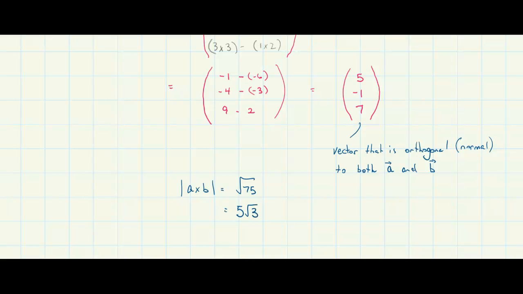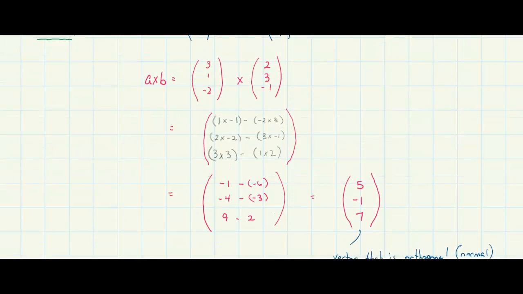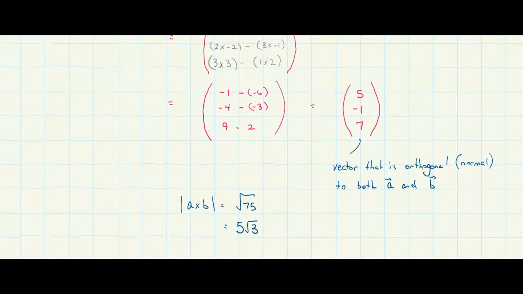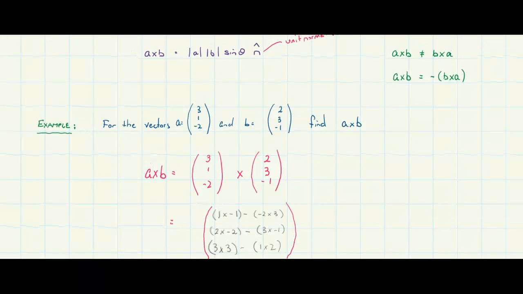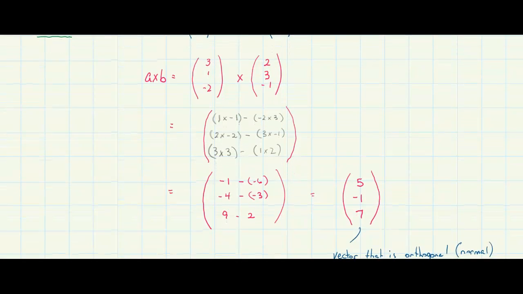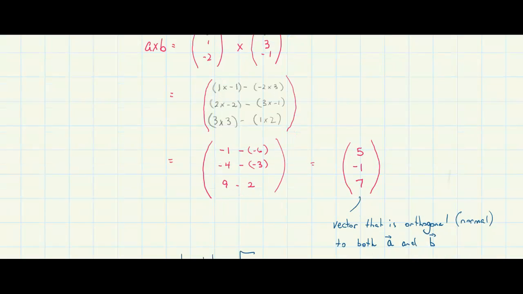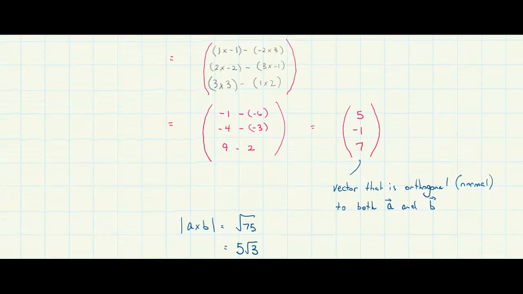And so the unit vector would be 1 over 5 root 3 in that direction, the normal unit. And so there we have it. That's our normal vector. Very important result, very important tool for us to have, very powerful, because it gives us the vector that is perpendicular to two known vectors, which we will find enables us to find the equation of a plane in 3D. So this is going to be very useful to us.